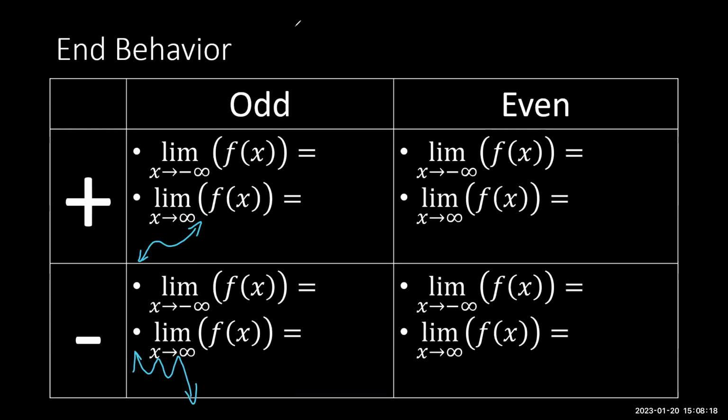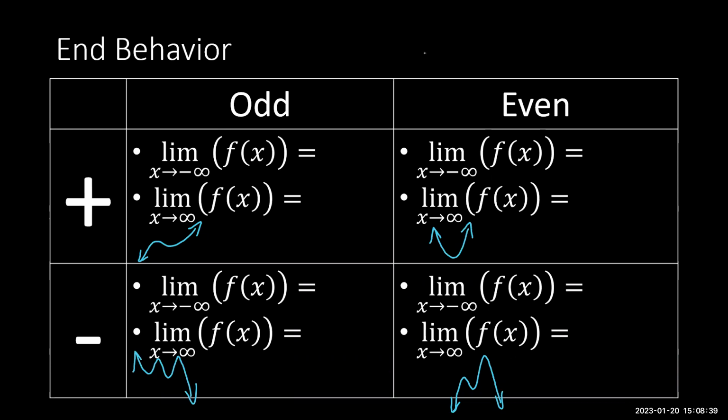Again, arrows, the ends, that's what it's going to be. Even, they're both the same direction. So something like that, or if I want to make it a little weirder for the negative one, there we go. Point is the arrows, okay?